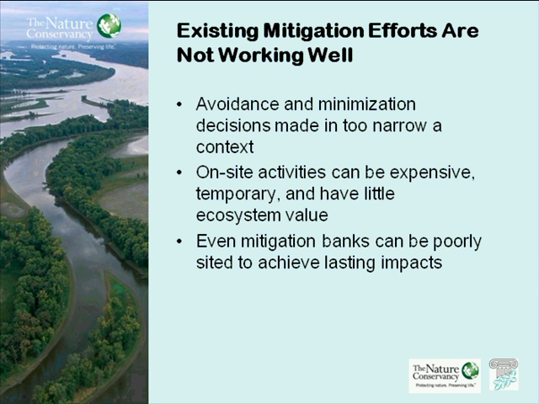A lot of mitigation took place on site with little ecological value, didn't last, very expensive, and even places where mitigation has been accumulated in mitigation banks, those banks maybe have not been located properly to work properly.